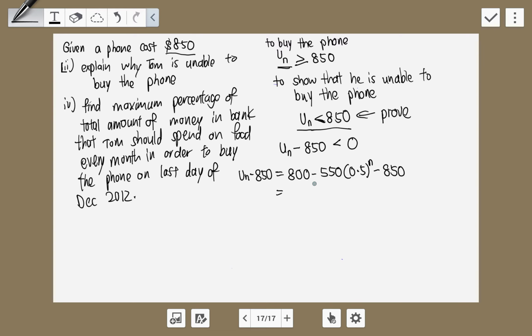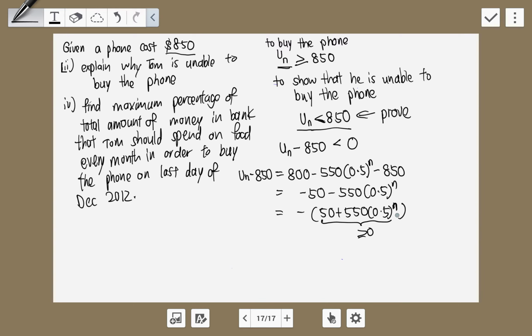Okay, so 800 minus 850 is minus 50, minus 550 times 0.5 to the power of n. So we know that this is negative 50 plus... but I know that 0.5 to the power of n is always a positive number. It will give you a positive number.